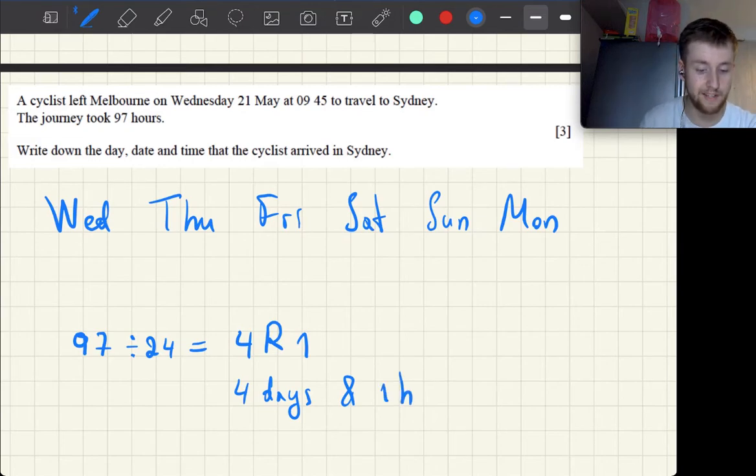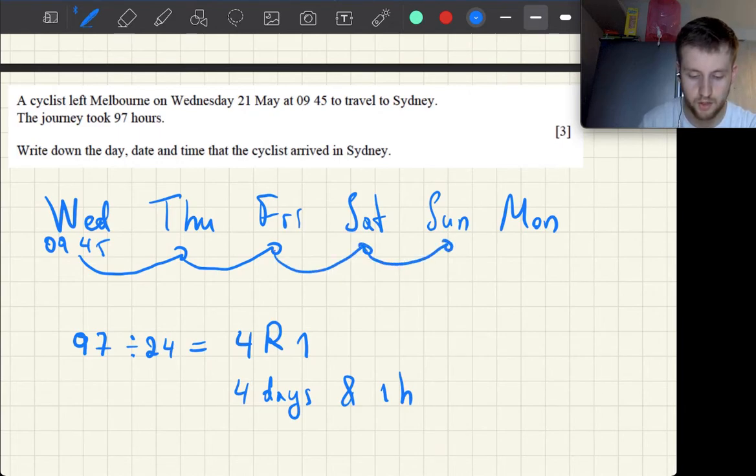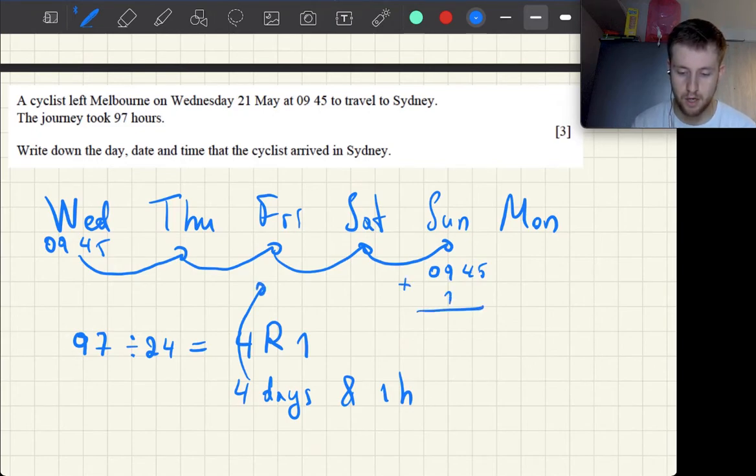So Wednesday 9:45, this is when he started. 1 day, 2 days, 3 days, 4 days. So on Sunday, 4 full days and then 1 hour. It means he's going to arrive on Sunday. If he would arrive at 9:45 on Sunday, that would be 4 full days, but it's 4 full days and 1 hour on top, so plus 1 hour, it would be 10:45.